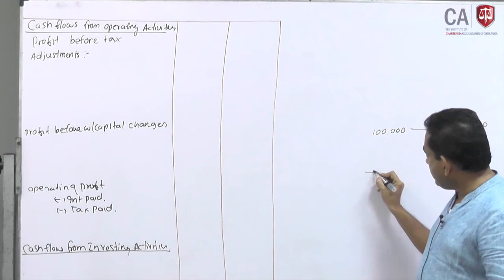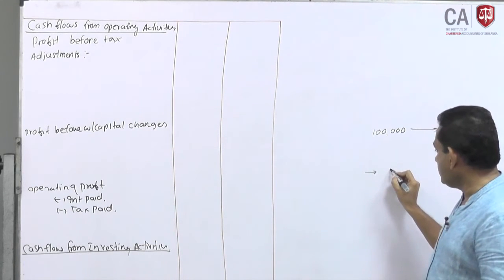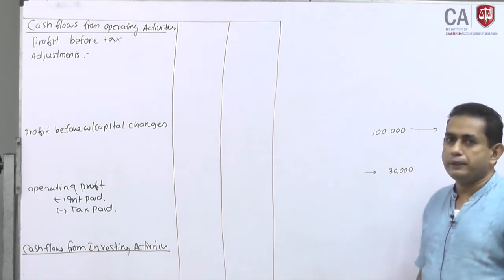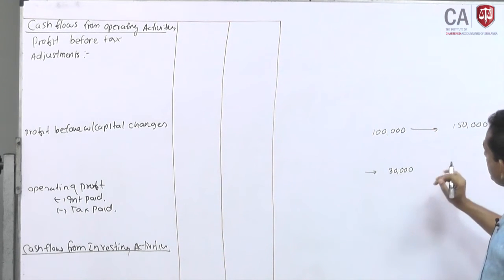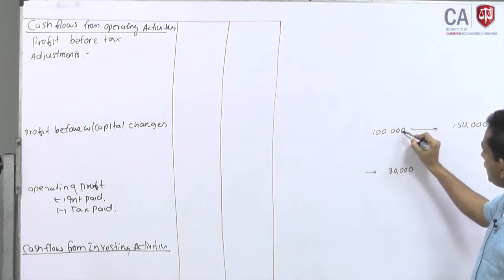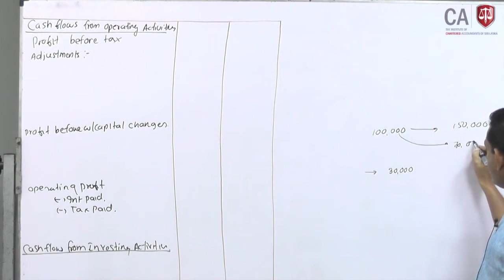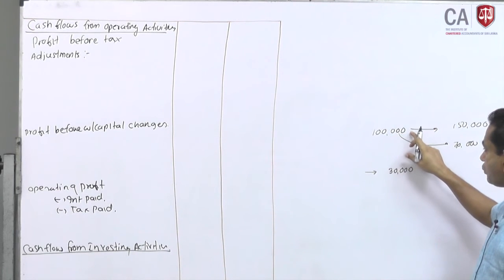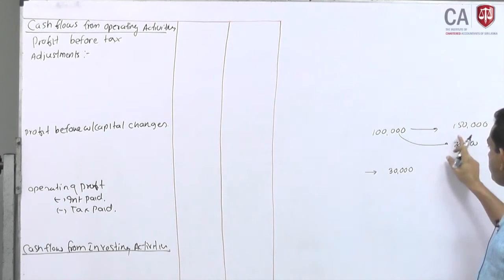But now the examiner says the entity has charged 30,000 rupees depreciation during the current year. Now, if not for the acquisition, the closing figure of assets would have been 70,000. Why? Opening property, plant and equipment 100,000, deduct depreciation of 30,000 and the closing balance would have been 70,000.